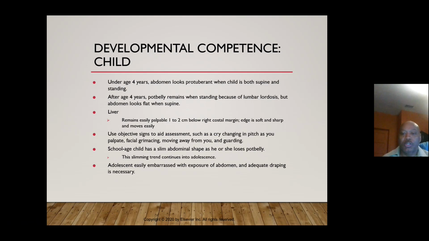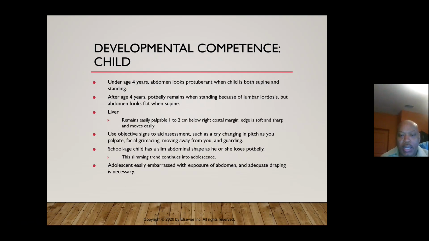So when the child starts crying, and the cry changes in pitch as you palpate these organs, or if there's facial grimacing, or if they're trying to get away from you, or they're guarding, then you know that there's an issue with that organ. But we have to depend on more visual of the objective findings in this case. Again, they can't articulate what is happening to them all the time.